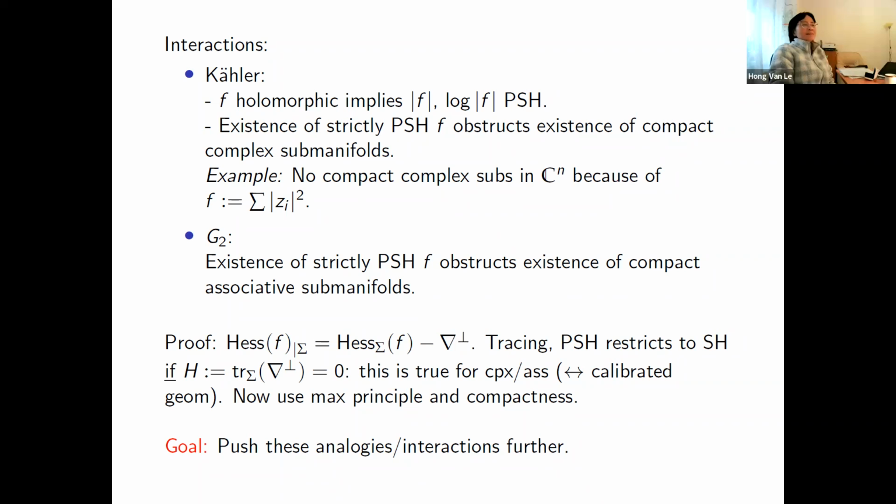Yeah, but basically the first example is very easy without any plurisubharmonic function, right? There are many proofs of the non-existence of compact complex submanifolds, because calibrated geometry may be simpler. That's right. Even the statement in Cn can be proved in simpler ways. Absolutely. Yeah.